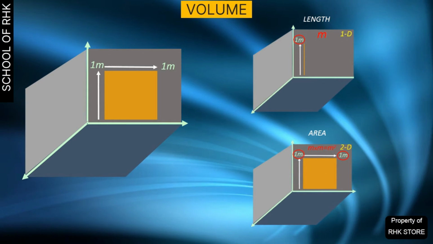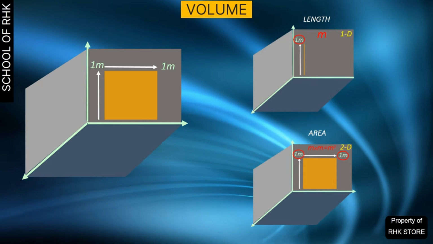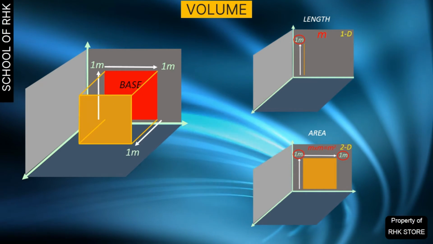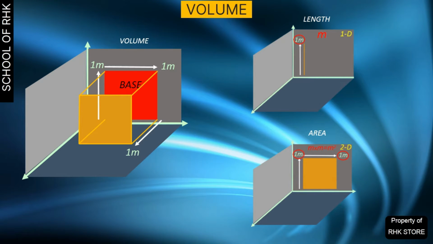Well, since here the cubical shape is made by extending a 1 square meter shape a distance of 1 meter in the third dimension, we say its volume is exactly 1 cubic meter. And here the meter is multiplied 3 times.